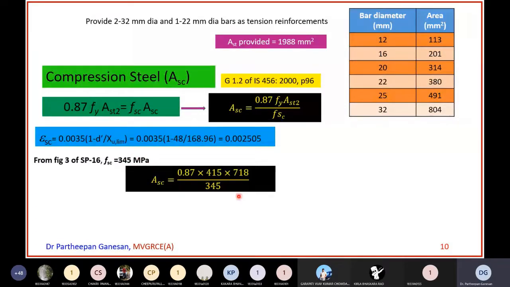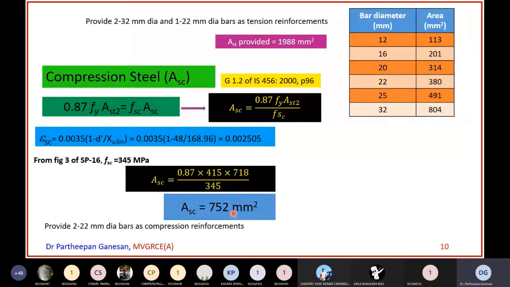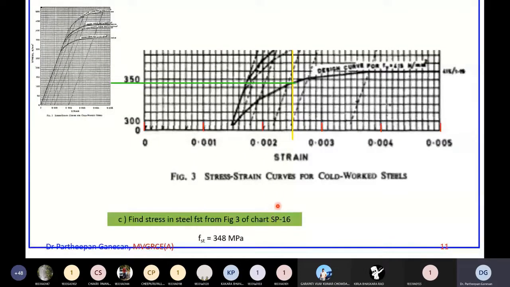If you use this, you get ASC 752 mm square, and provide two numbers of 22 because this is 760. Everything remaining is the same. ASC provided is 760.